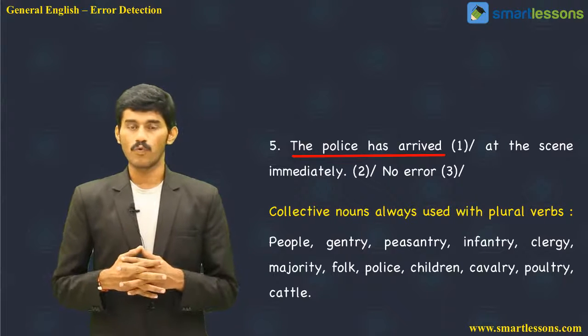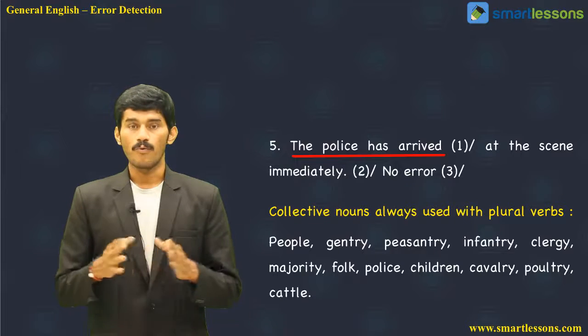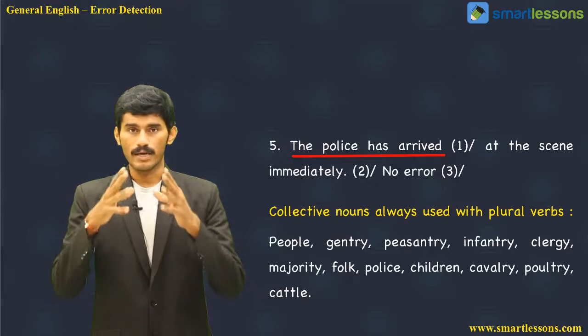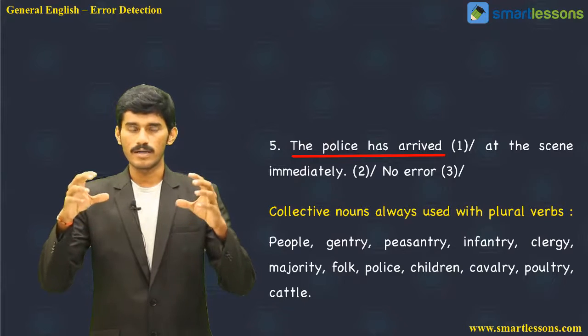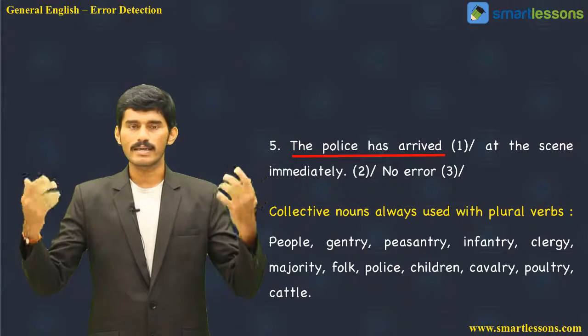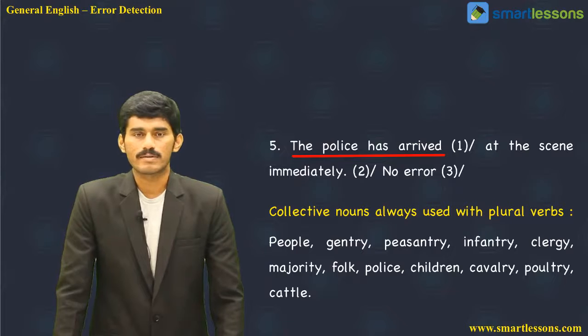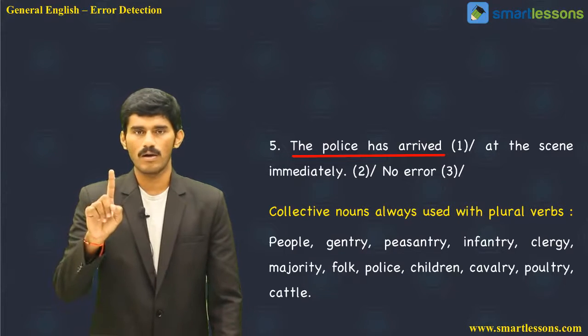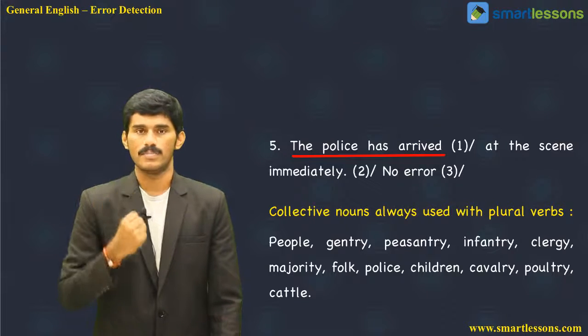Now let's see some words which are collective nouns to be taken as plural when we are talking about them as a group. But when we talk about the individuals of the group singularly, we can take them as singular. So let's see. If you take these collective nouns as a whole, as one unit, you have to use a singular verb.